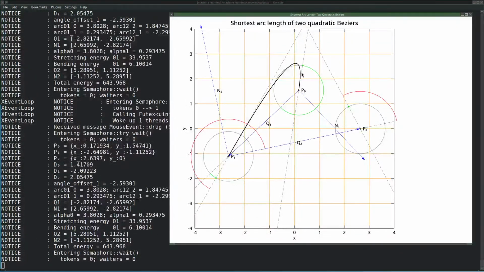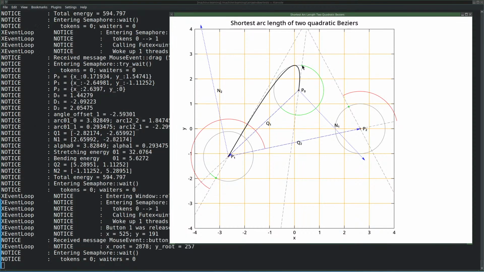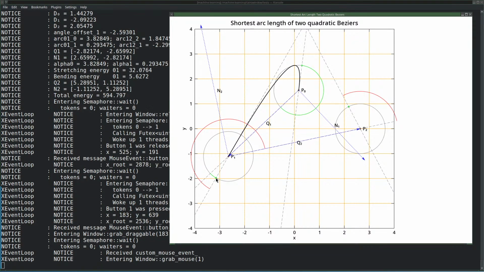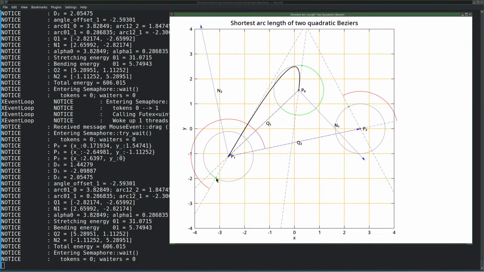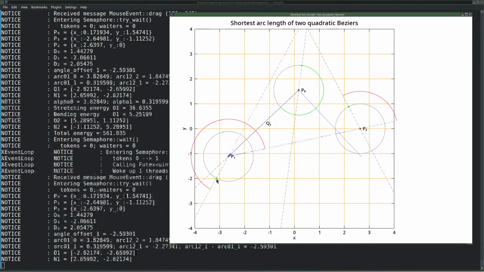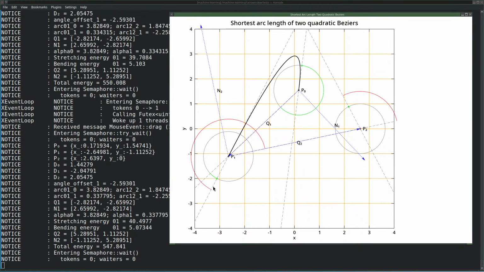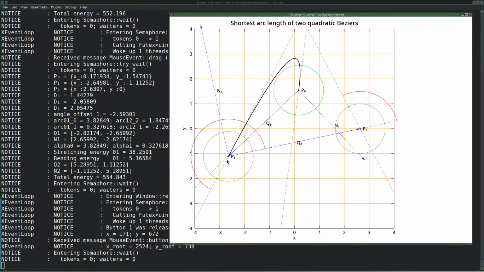Like that, yep. Let's be way higher. Oh wait, I can see it there. Yeah, this thing is too low.